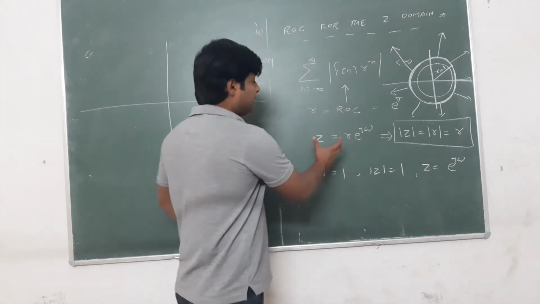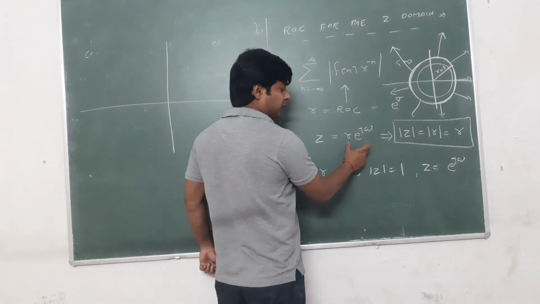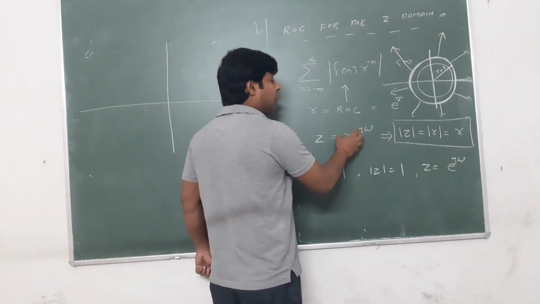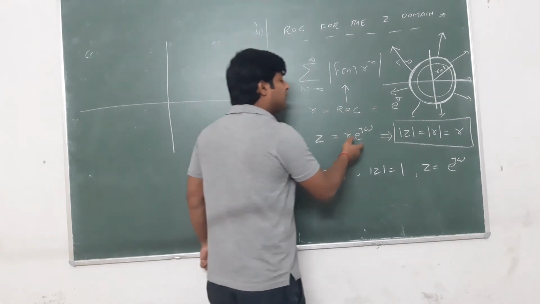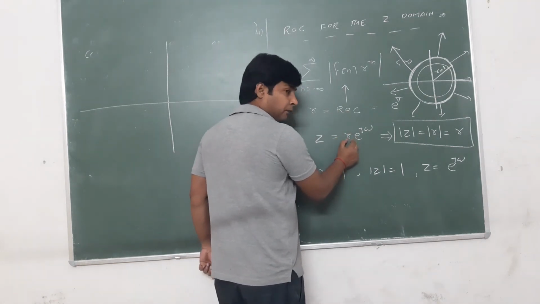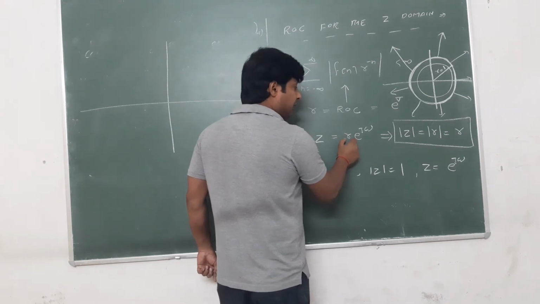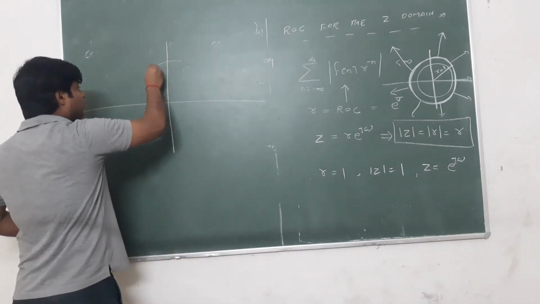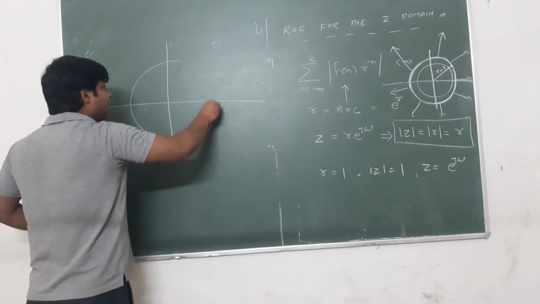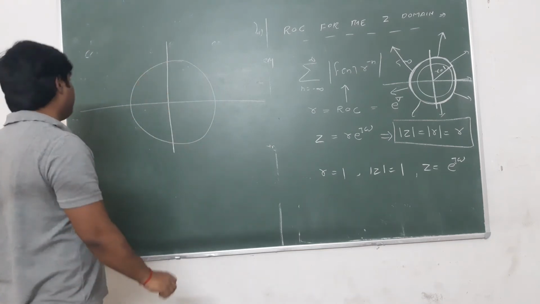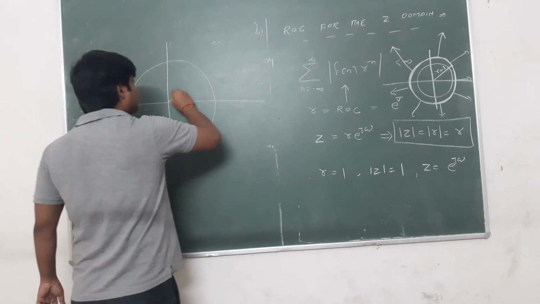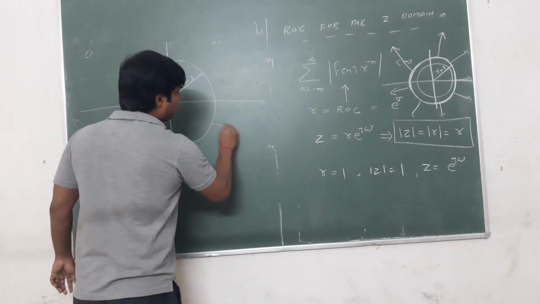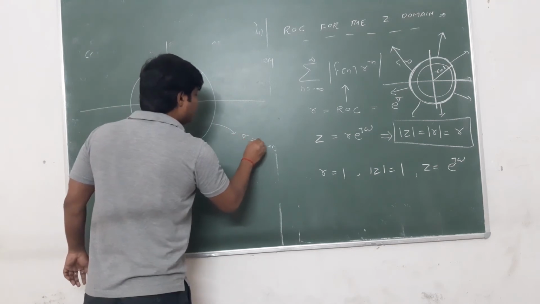This expression represents that the magnitude of this circle, or we can say the radius of this circle, is r. So if sigma is equal to 0, then the radius is equal to 1.